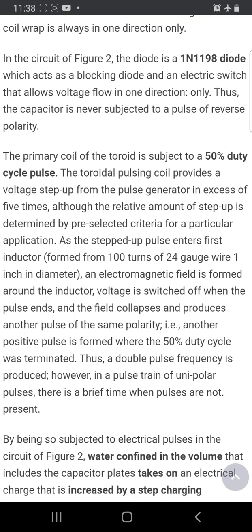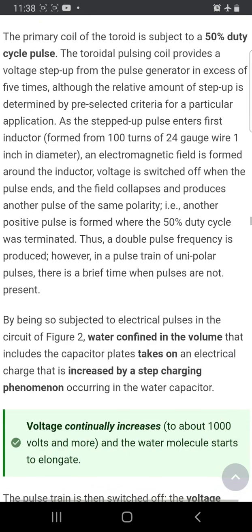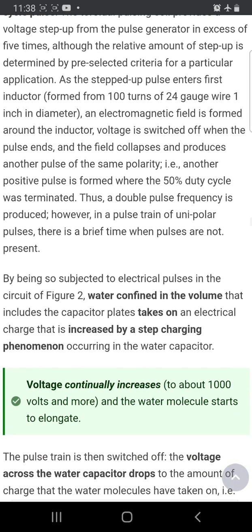However, in a pulse train of unipolar pulses, there is a brief time when the pulses are not present. So, see, I showed this when I was playing with chokes the other day, that we got this top and bottom burst type frequency, and it's very important because it doesn't look anything like the signals that you get with just PWM.